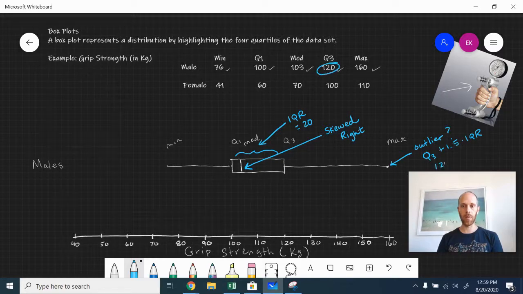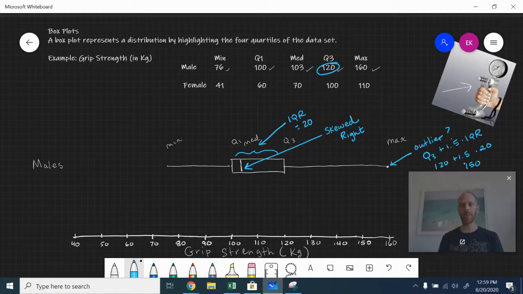So it would be 120 plus 1.5 times the interquartile range, which we calculated is 20. Now 1.5 times 20 is 30. So 120 plus 30 would give us 150, meaning that any value that's larger than 150 is going to be an outlier. Translation, this is an outlier.